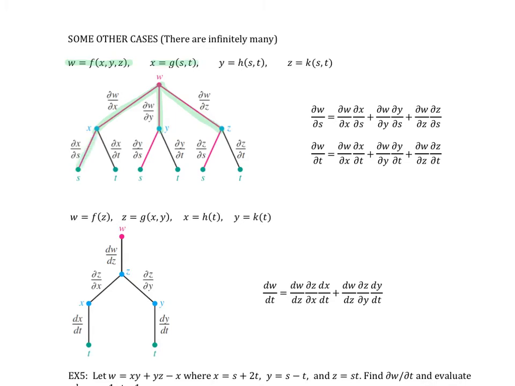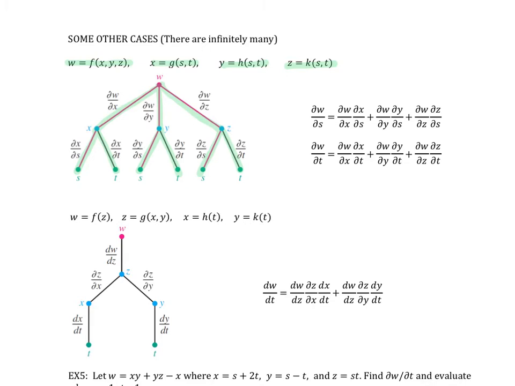So x breaks off into s, t. Y is a function of s and t. So y breaks off into s, t. And z is a function of s, t. So you can see that what if s were a function of some u and v? Or t was a function of some u and v, then we can keep continuing on with our branches.